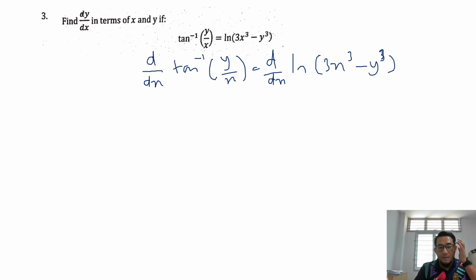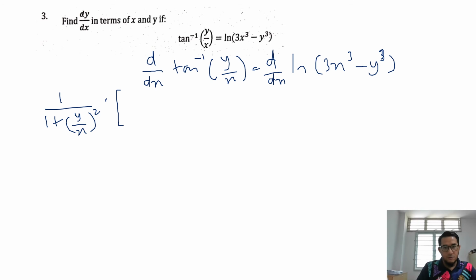Okay, and then I think here you have to use chain rule and also quotient rule on the left side. Differentiate tangent inverse, you should get 1 over 1 plus (y over x) squared, and then differentiate y over x, we need to apply quotient rule.